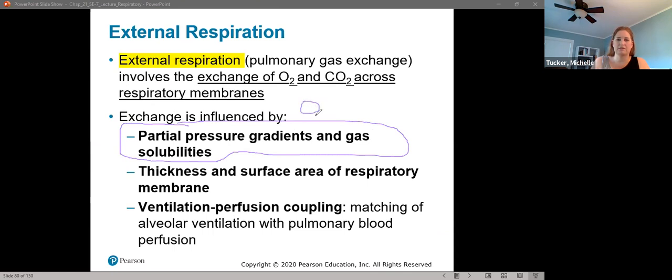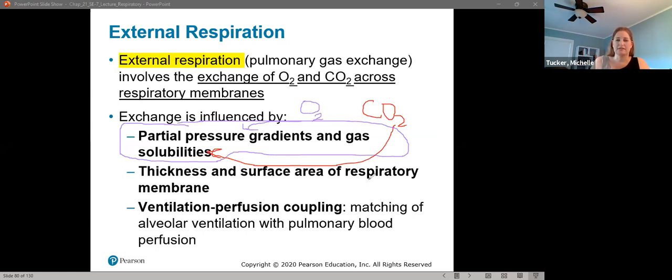For oxygen, it's really going to be the partial pressure gradient. For carbon dioxide, solubility is going to help its diffusion a lot.